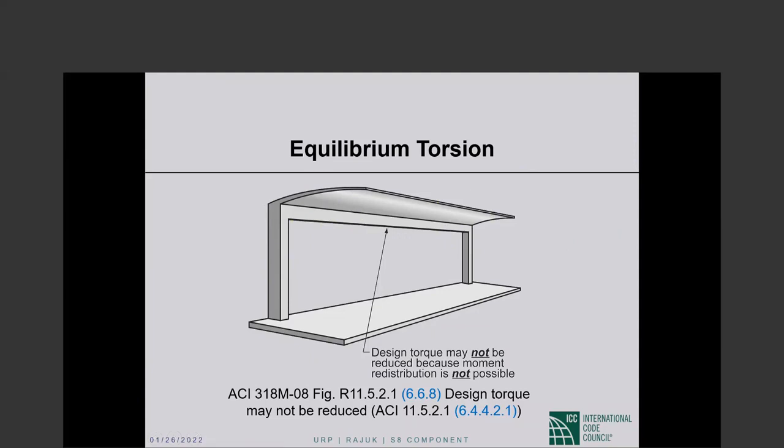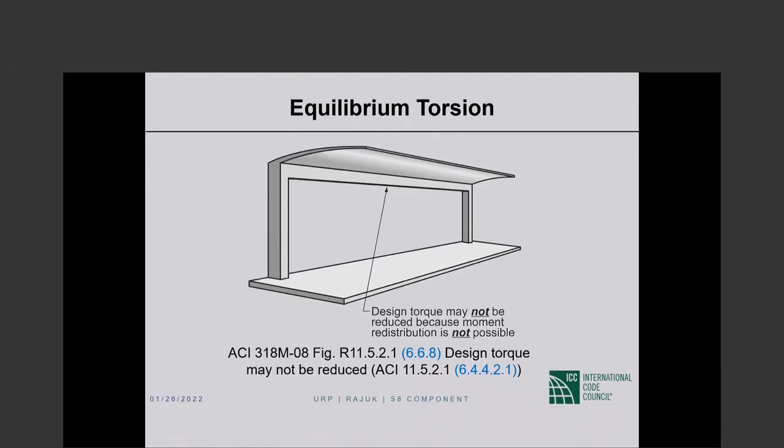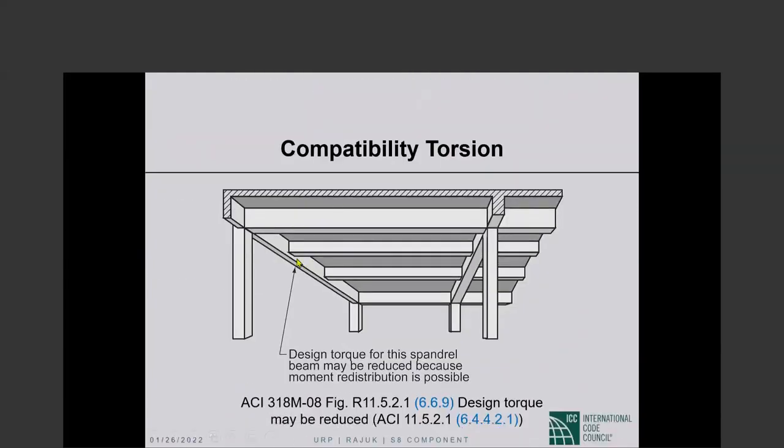Okay, so this is equilibrium torsion, as opposed to this situation where the slabs and the beams cause torsion on this spandrel beam. It's very easy to visualize that. This slab system is loaded with out of plane, vertical load. That loading causes torsion on this beam.